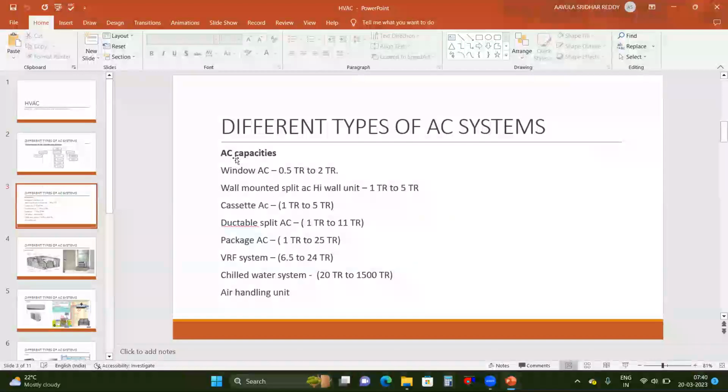Okay, so it is segregated based on the equipment capacities. So these are the capacities of all the air conditioning equipments. So first one is window AC. Window AC we have capacity of 0.5 TR to 2 TR. Okay.